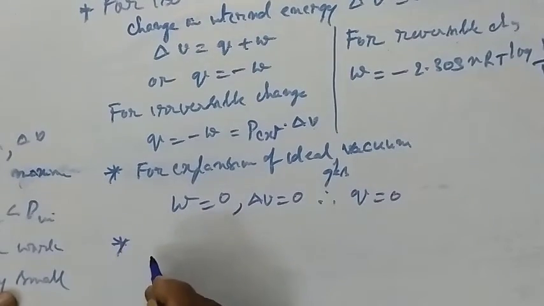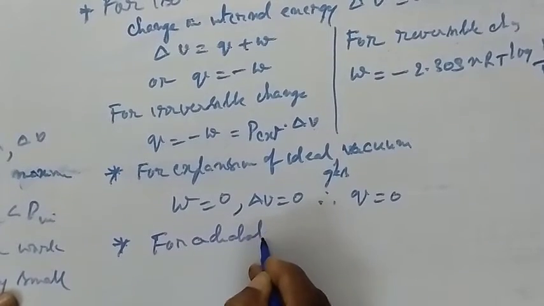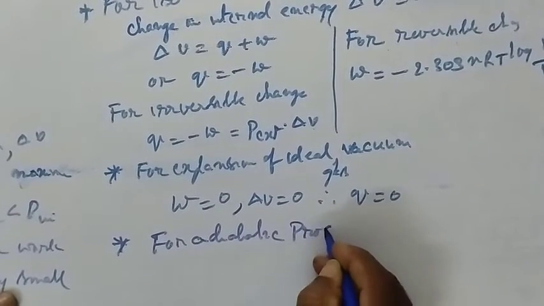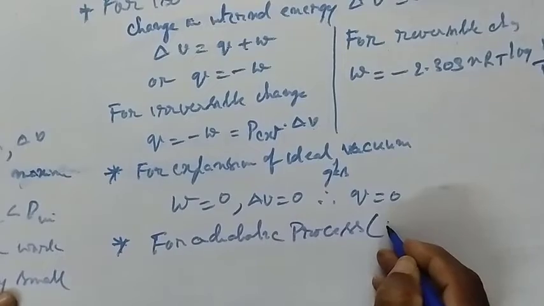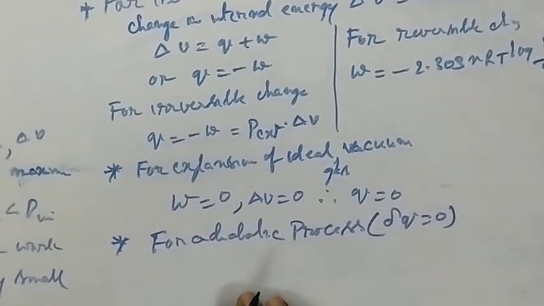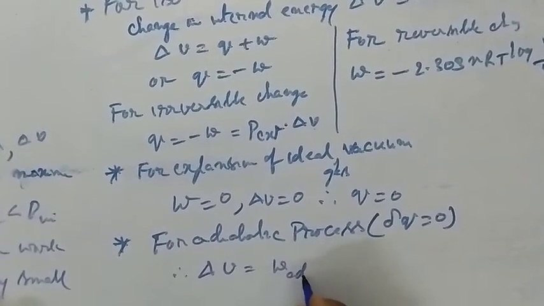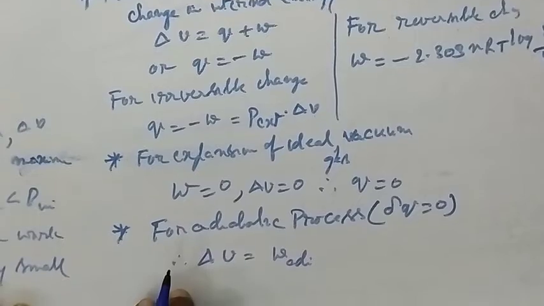For adiabatic process, delta Q equal to 0, heat exchange is 0, therefore delta U equal to work, this work is referred to as work adiabatic.